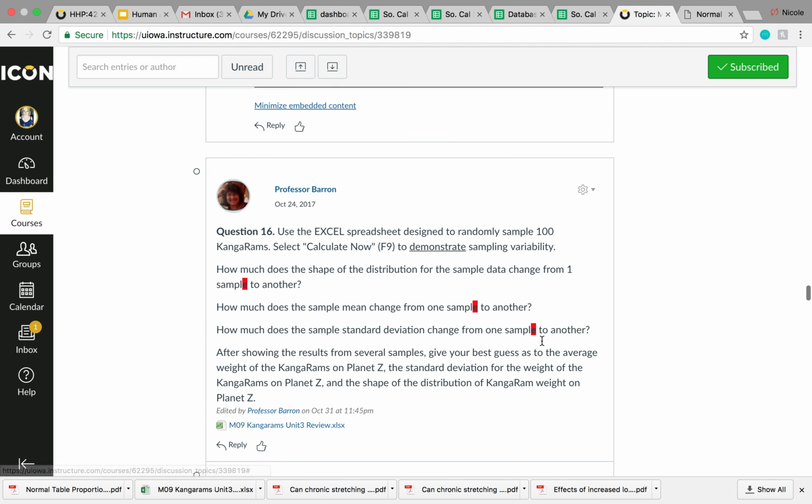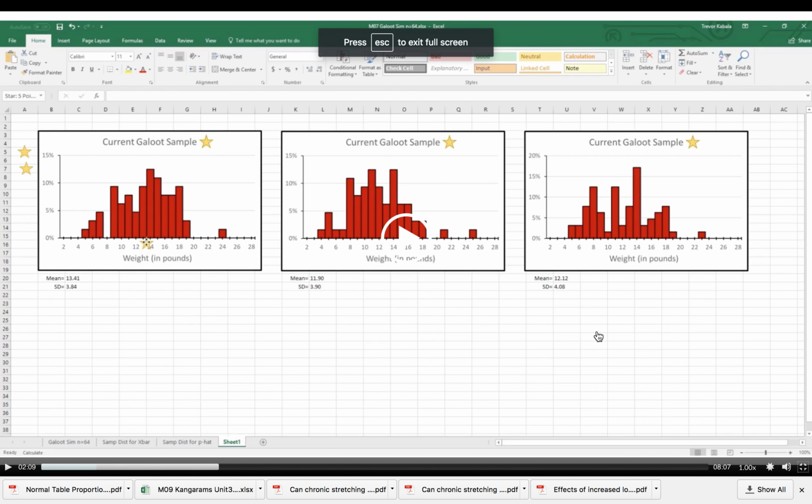Now, if we go up here to this student's sample draws, we'll see that again, relatively normal, maybe this one a little bit less so, but the average weights for his sample polls were anywhere between 12 and 13.5. So that is almost twice what the mean weight was given as in our problem.